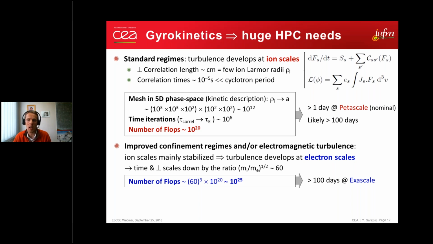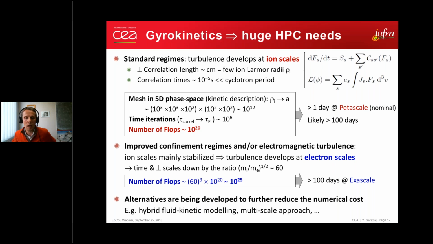And in this case, because the electron scale is much smaller spatially and develops on much shorter time scales, the number of flops increases by 5 orders of magnitude, and then you end up with 100 days at the exascale level. So you can see that for sure the needs are fairly large.